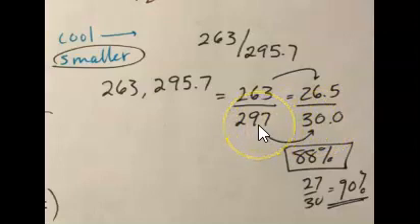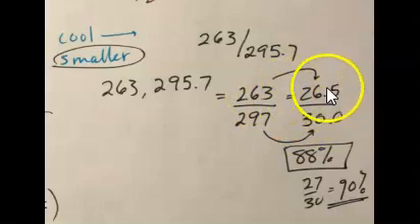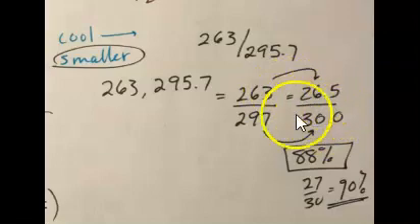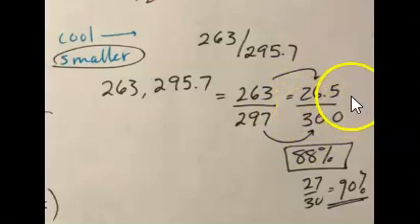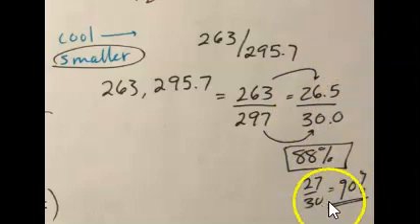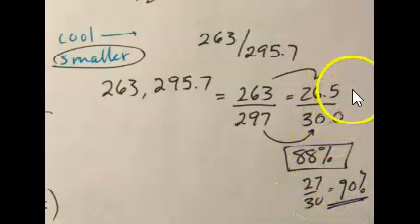You could call that 29.7, which is really close to 30. And 26.3, you could call that 26.5. You know some number that's very closely related to this would be 27 over 30, right? 27 over 30 is about 90%. Okay, so this ratio here is just a little bit under 90%.